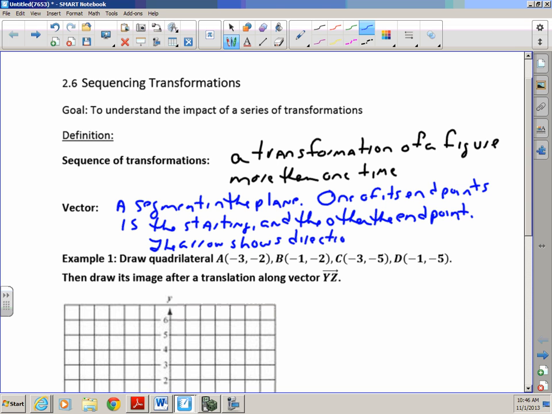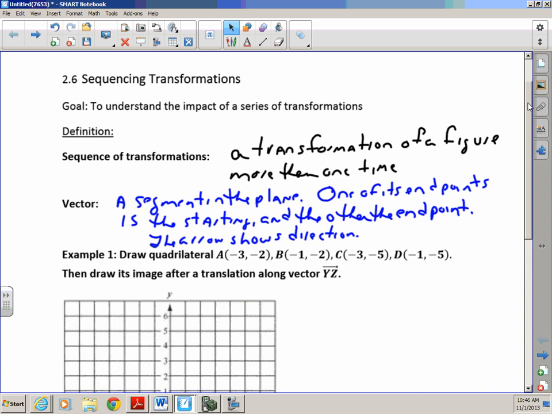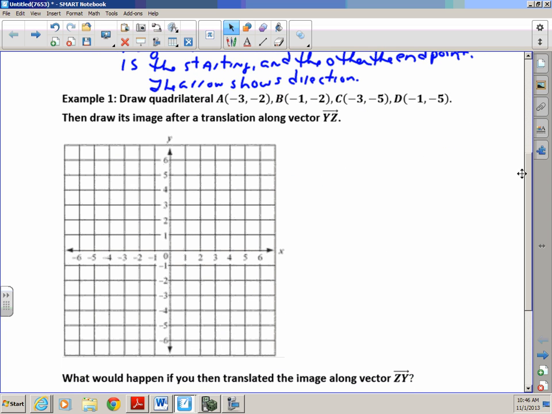Now, how does this work? All we're simply doing is taking the quadrilateral that we're going to graph here, and we're going to plot these 4 coordinates. There's A, there's B, there is C, and D. Now, you don't have it on your paper, but we're going to translate this over the vector YZ.